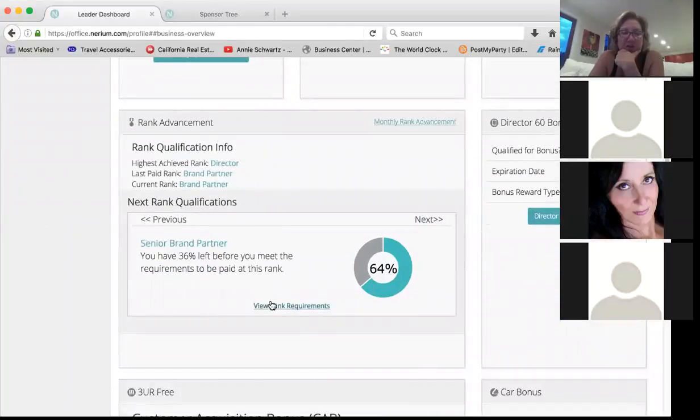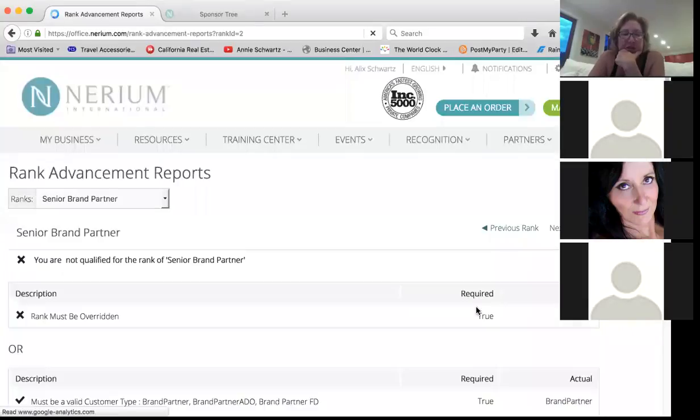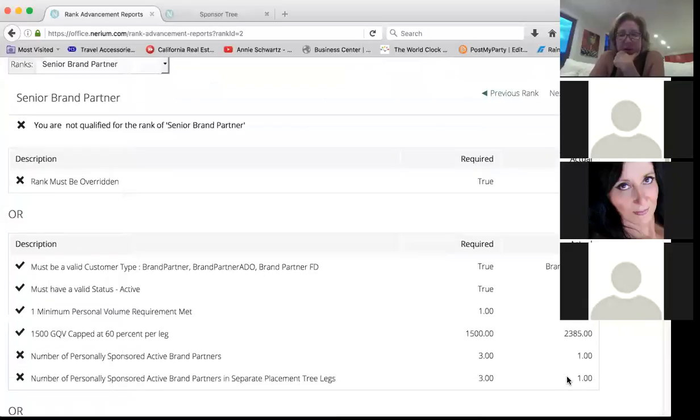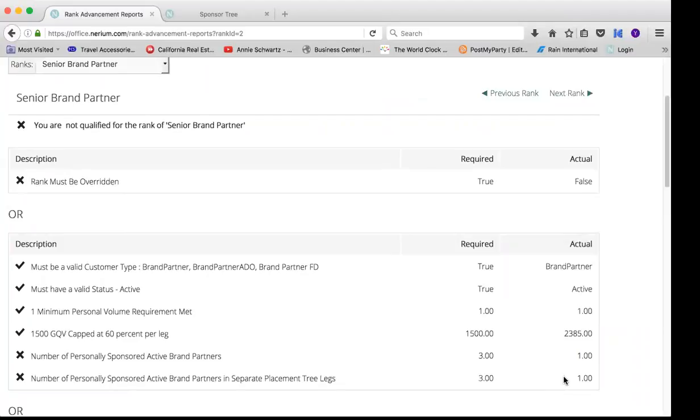So I go into where it says view rank requirements. In my view rank requirements, it shows me that I have the volume to be a senior brand partner, but I only have one active personally sponsored brand partner.